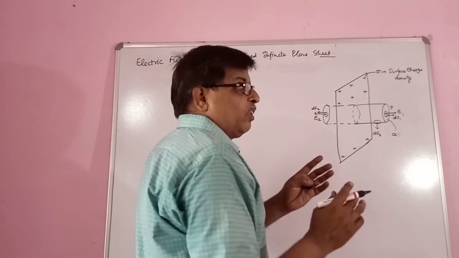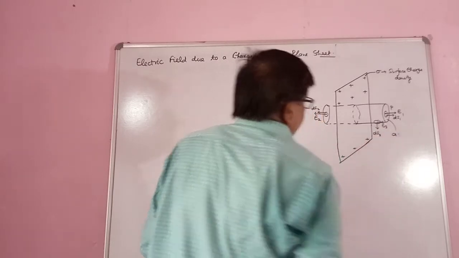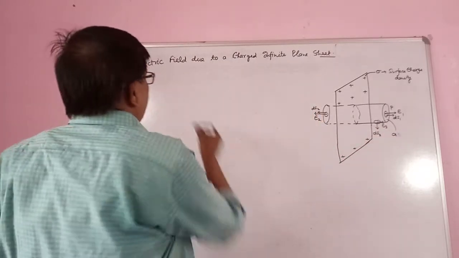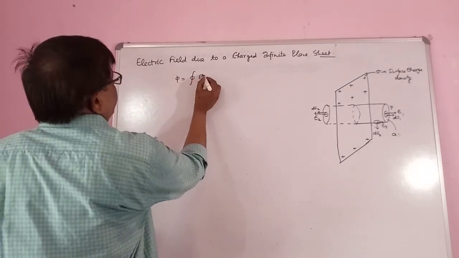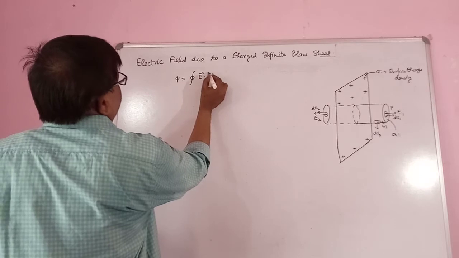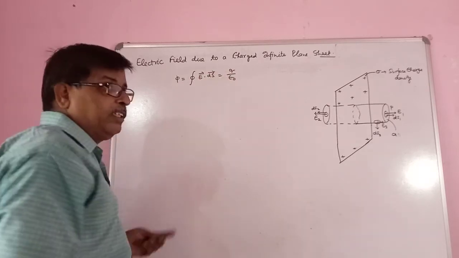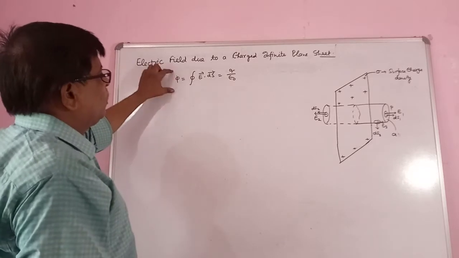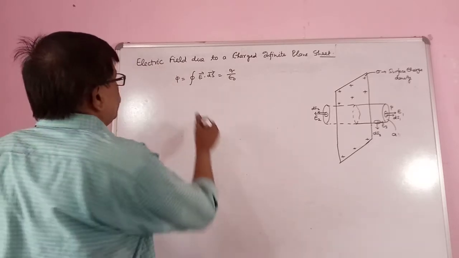Obviously, direction of electric field is this E3. Now we apply Gauss theorem. Phi equal to closed integration of E dot ds equal to Q over epsilon naught. We have used this equation in previous lecture also.